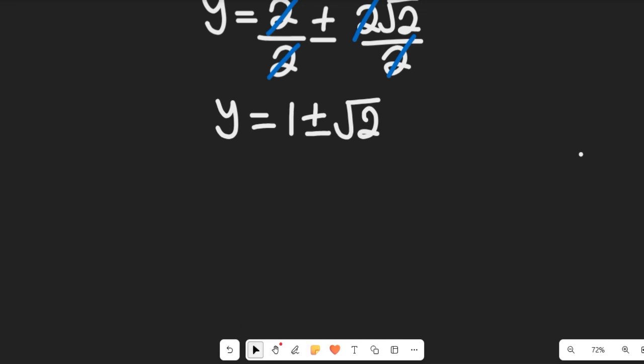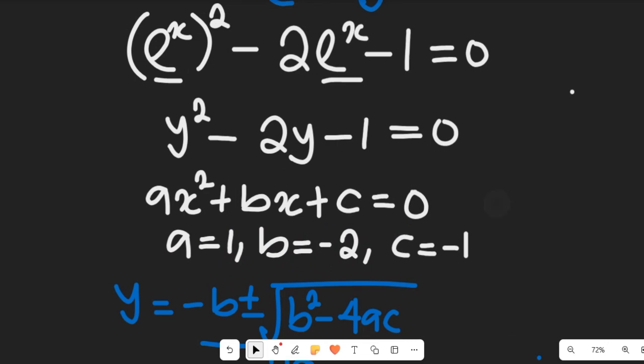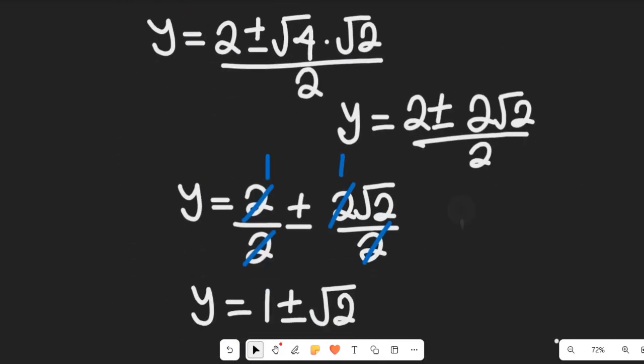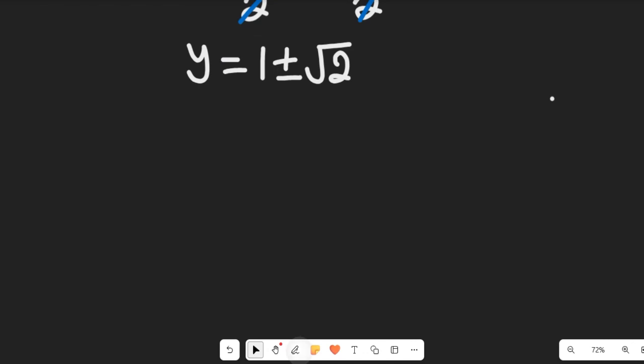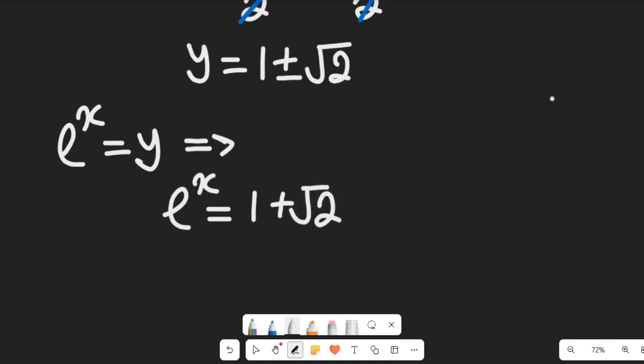Now the value of our y can be equal to, remember from the previous expression, we say the value of e to the power of x is equal to y. So we'll have our e to the power of x from that expression. Our e to the power of x, if it is equal to y, will give us this expression to become, from the first expression, e to the power of x will be equal to 1 plus the square root of 2, right?